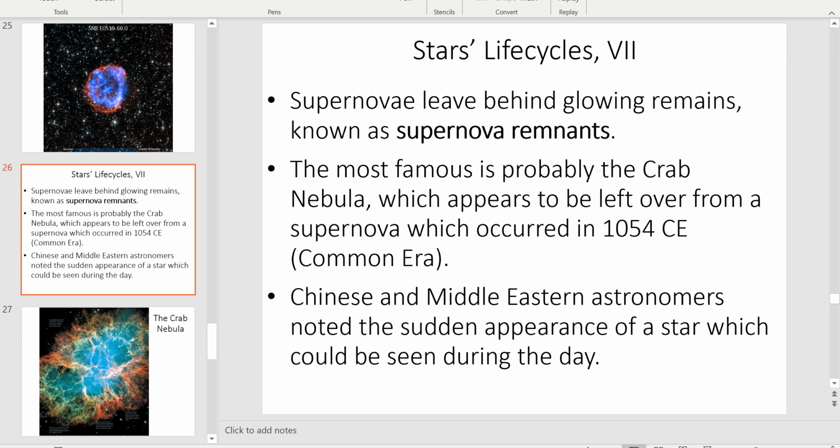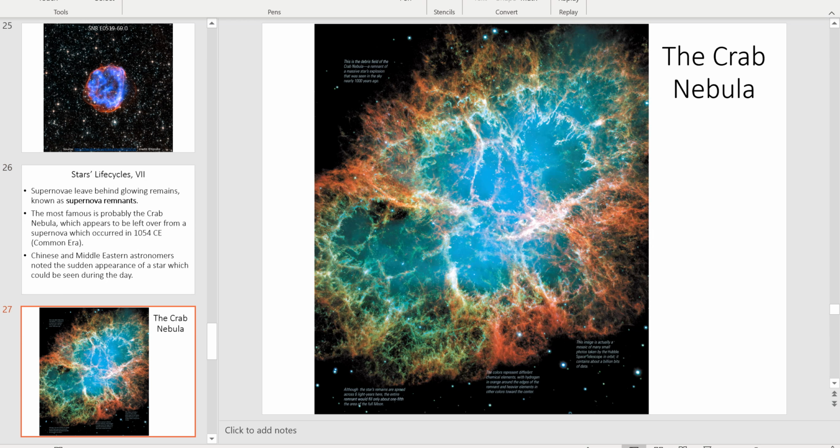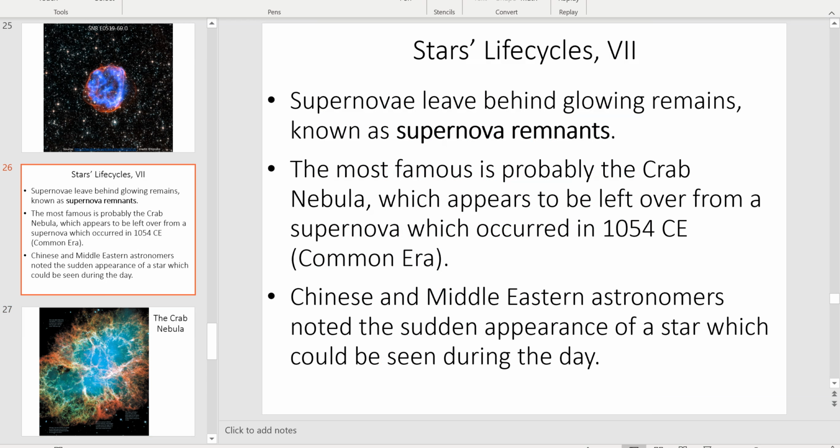Let's talk about supernova remnants. I just showed you an example of one. The most famous supernova remnant is that of the Crab Nebula here. This formed from a supernova that probably occurred in 1054 CE, otherwise known as AD.